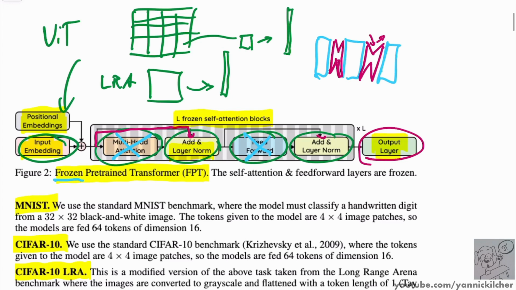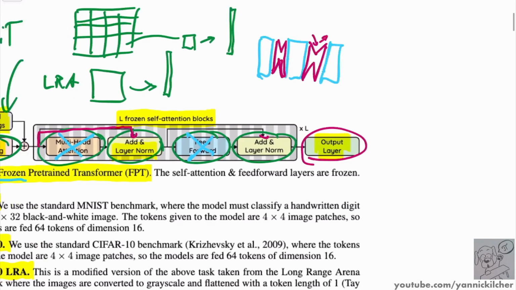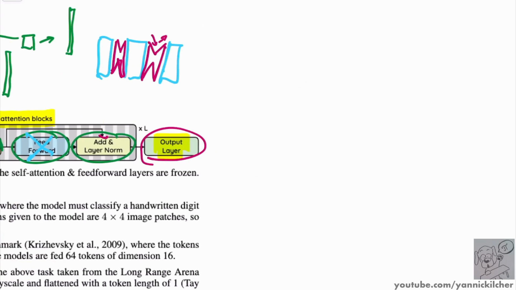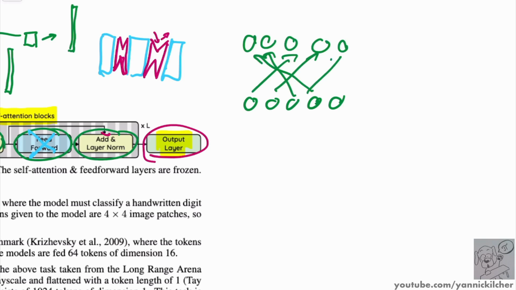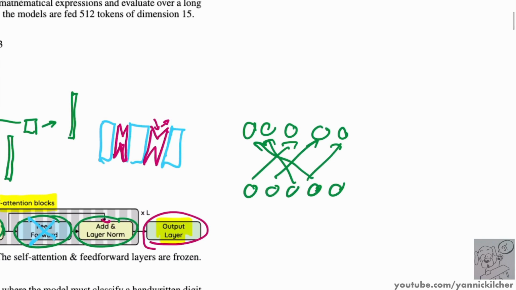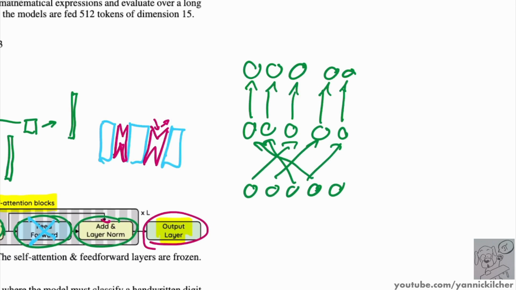Now, what the authors hint at is that schematically, if you have the transformer, you have the attention part, which is the cross information routing part, right? And then after that, you have the feed forward part, which is element-wise. And then you have a LayerNorm part.